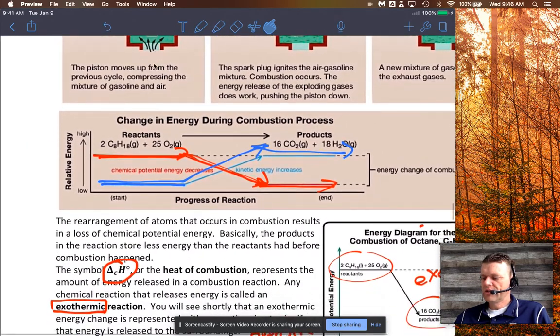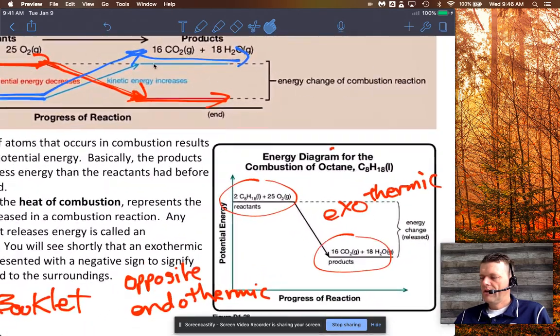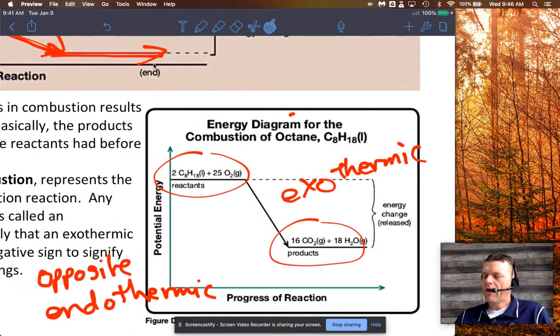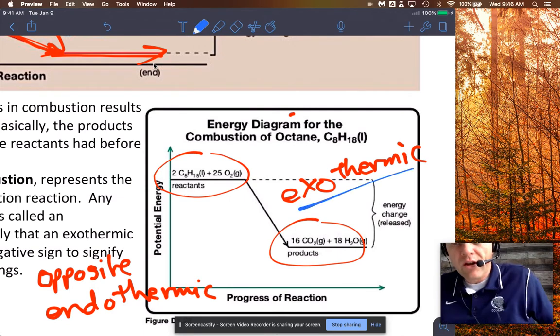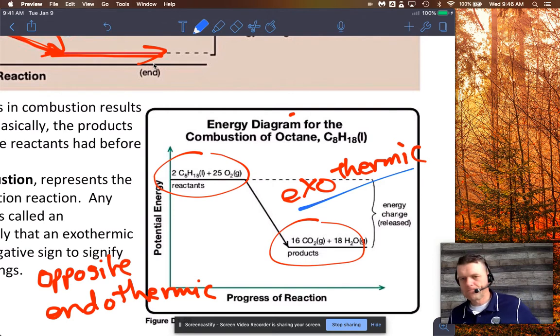That process can be mapped here in this drawing, and I emphasize the term exothermic. If you've taken chemistry, you remember that term. Exothermic means that the reaction gives off heat, or it produces heat.